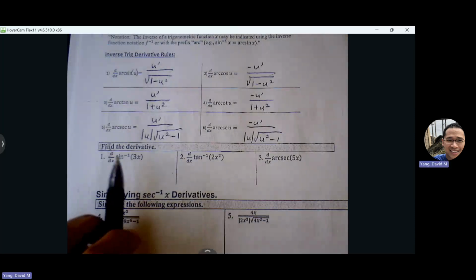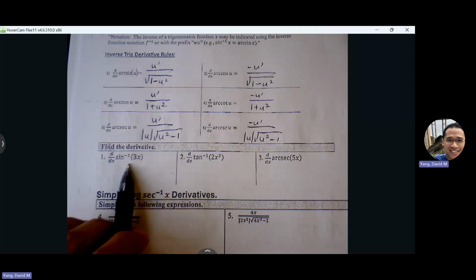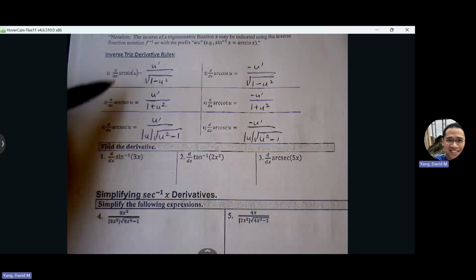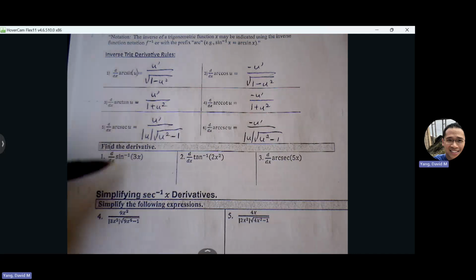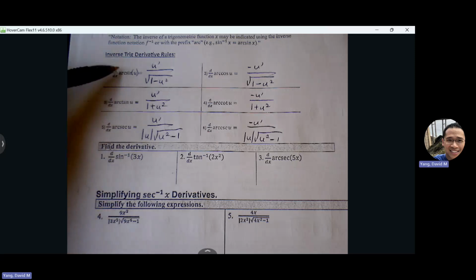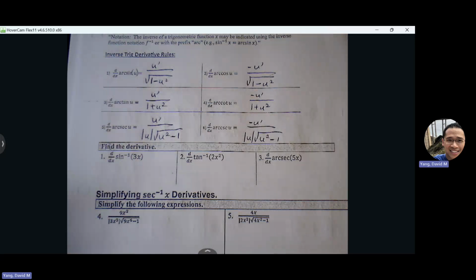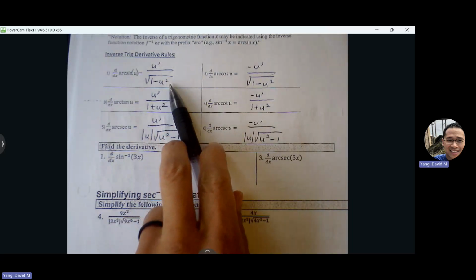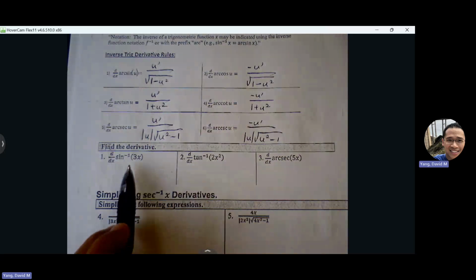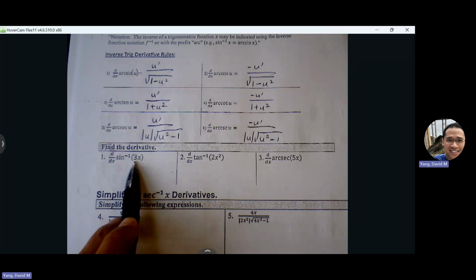All right, so let's practice applying these rules. We're going to find the derivative of arc sine of 3x, or inverse sine of 3x. You see that these notations are going to be used interchangeably. Sometimes you may see it as inverse sine, sometimes as arc sine, but they both mean the same thing. We apply the rule: u prime over the square root of 1 minus u squared. Whatever's inside the parentheses is your u value.